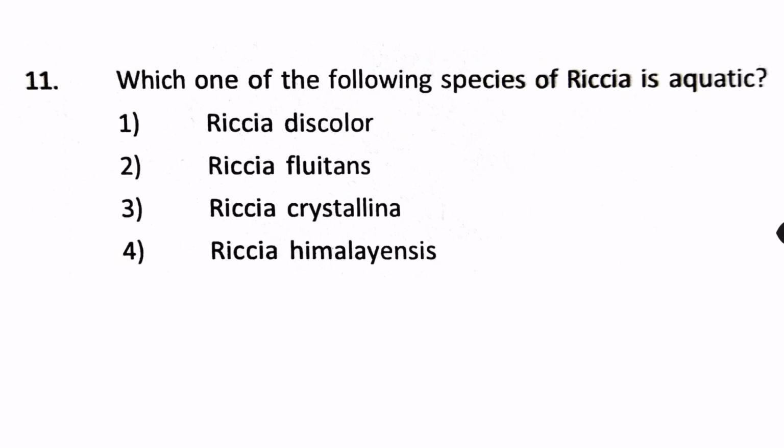There are 4 Riccia species given over here, and this is actually a very important question, and quite easy also, because Riccia species are all terrestrial. Only Riccia fluitans is the one which is aquatic, and so these exceptions are good to memorize. The answer is number 2.